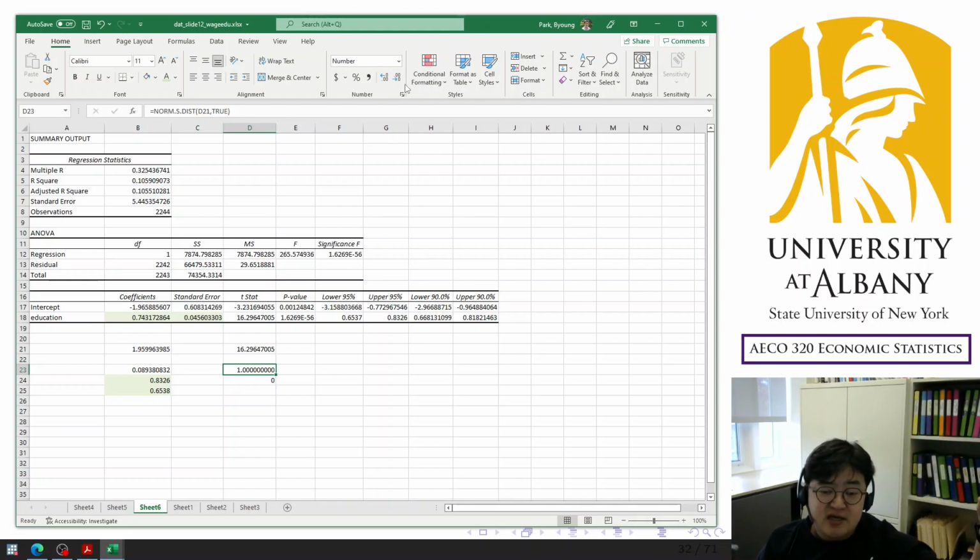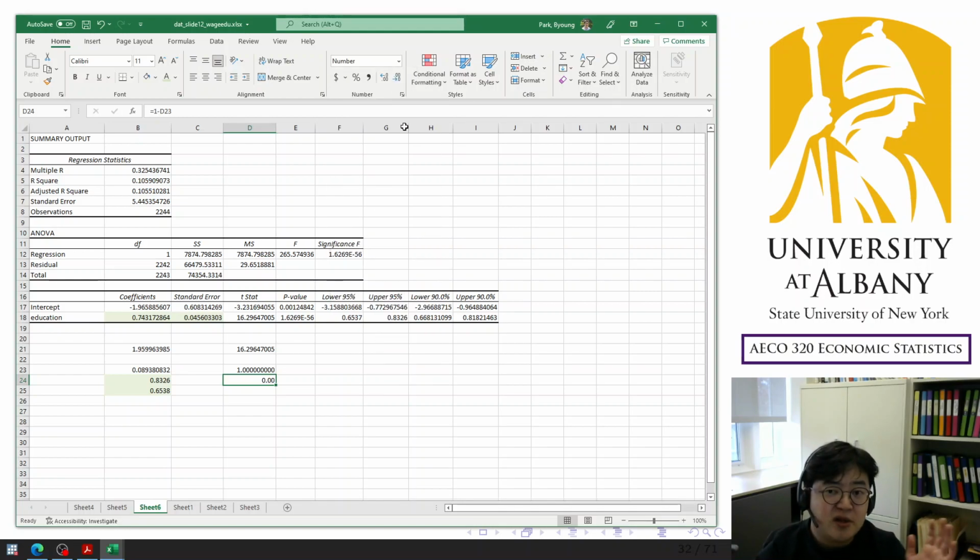The cumulative probability is the probability of being smaller than 16.29 something. That is 100%. And then the right-side tail probability is 1 minus the cumulative probability, that is 0, right?